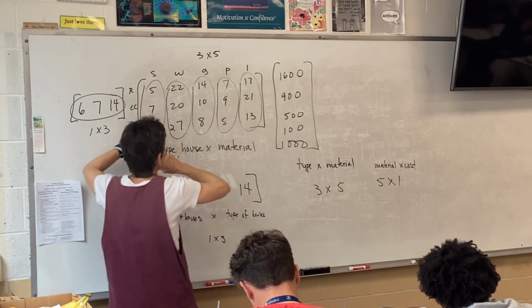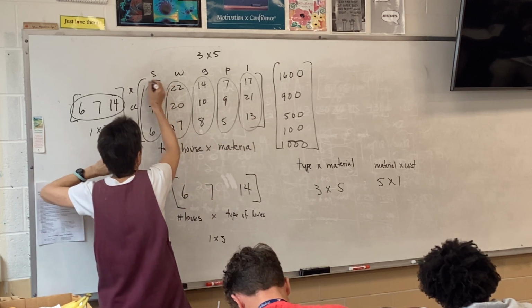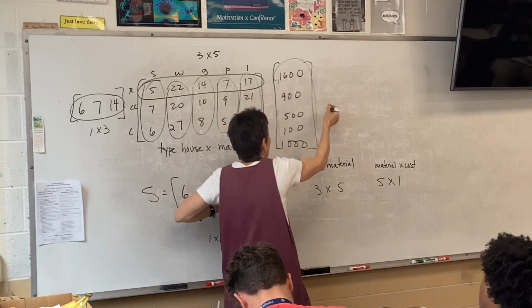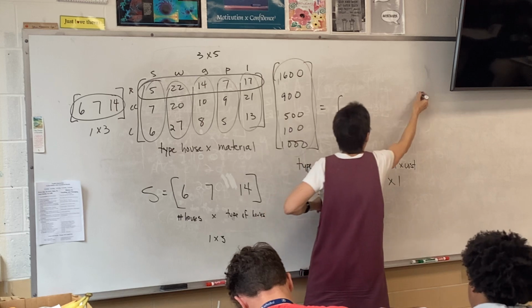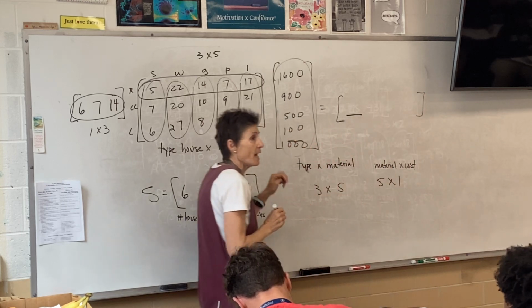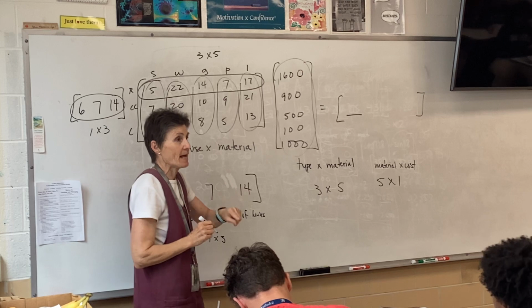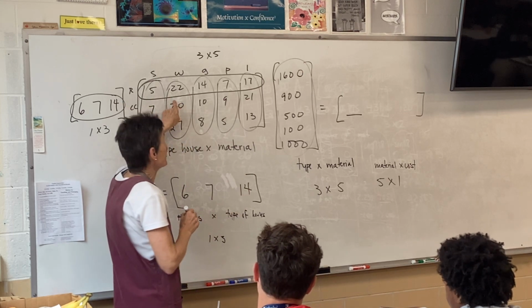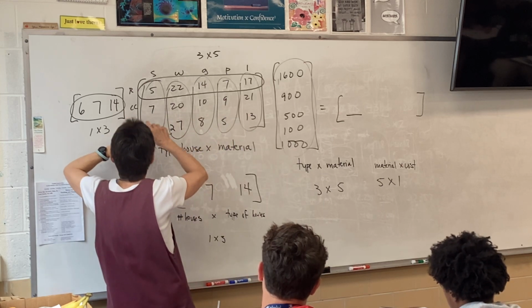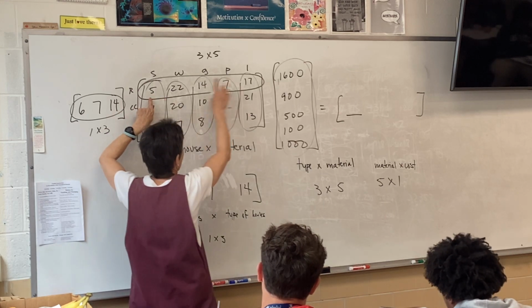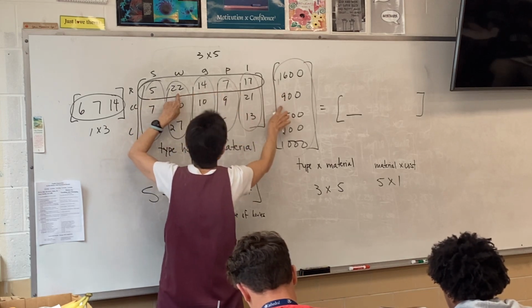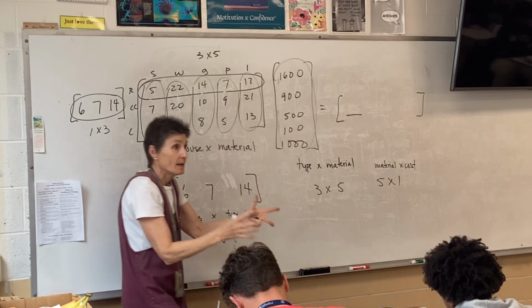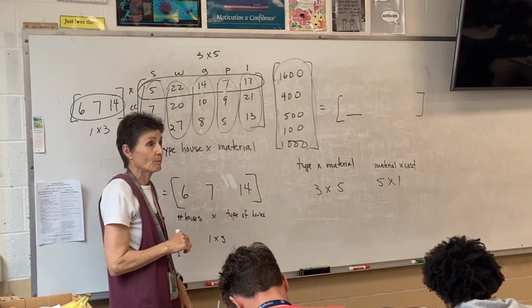When I multiply it times this one, I am going to take this row times this column, and that is going to give me one number. And what is that number going to represent? The cost of a ranch house. Because I am going to take this times 1,600, this times 900, and add them all up, and that's going to give me the cost of building a ranch house.